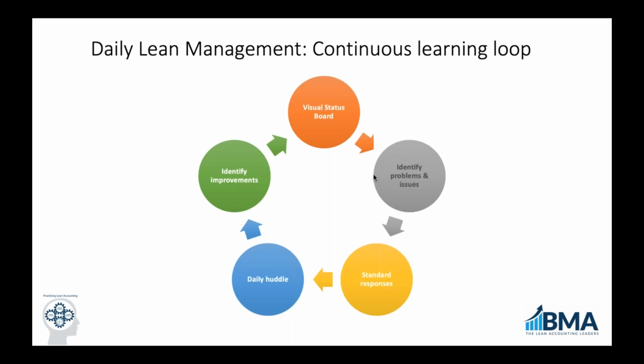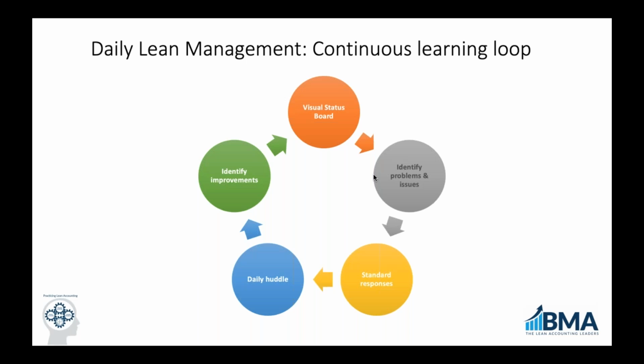And so we use that by making the work visible, and using a status board or a team-based work board or a visual system so that we can bring these forward and start to make visual, whether it's building a Cybox or some other method of making our measures visible, the problems and issues that we can then begin to work on. And we do this on a daily basis, and it says daily huddle here.